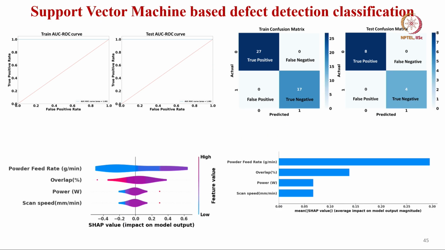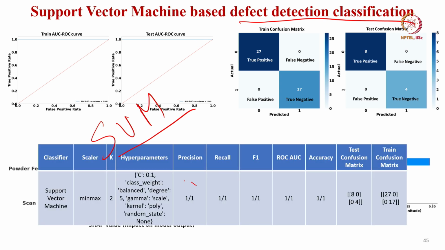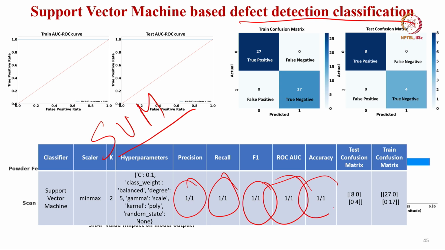the regression based classification algorithm. Another one is SVM, support vector machine based defect detection classification. In the test case it is perfect one, and the train case is also perfect one. So, precision 1, recall 1. Whenever precision, recall and F1 value is 1, that means the ROC area under the curve should also be 1, and accuracy would also be 1.